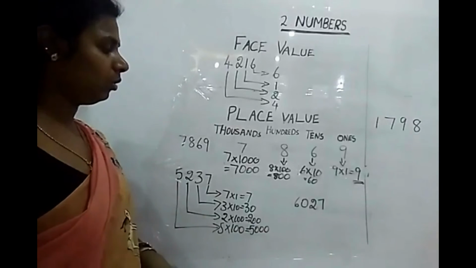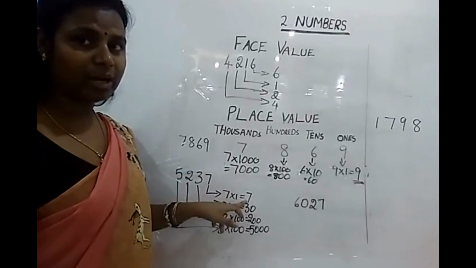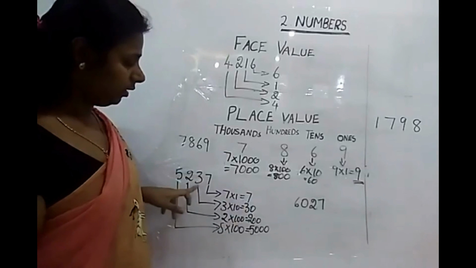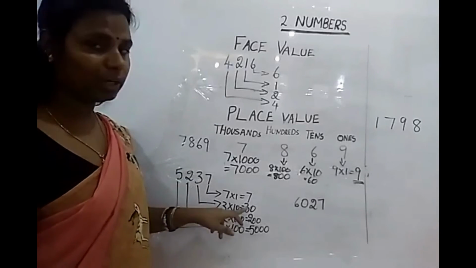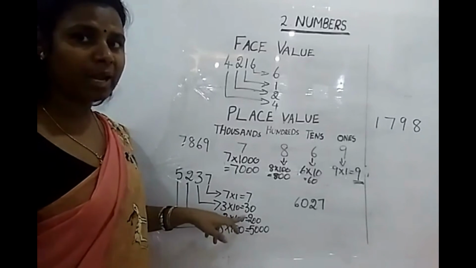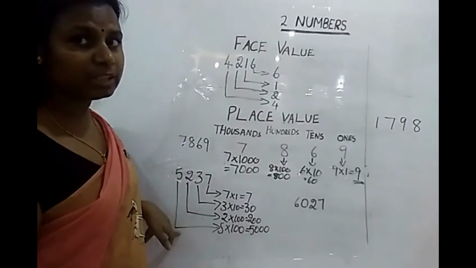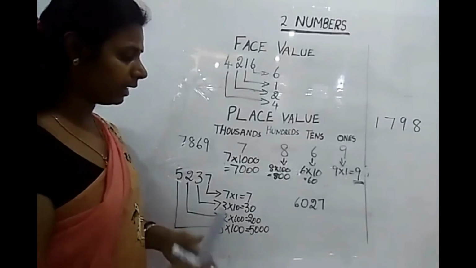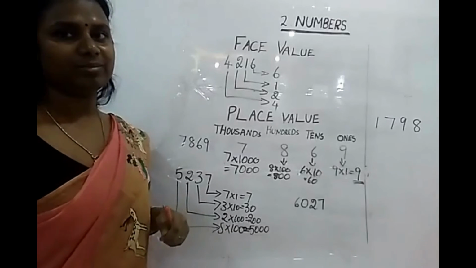Have you understood now? 7 is in ones place, so 7 multiplied by 1 is 7. 3 is in tens place, 3 multiplied by 10 is equal to 30. 2 is in hundreds place, 2 multiplied by 100 is equal to 200. 5 is in thousands place, so 5 multiplied by 1000 is equal to 5,000.